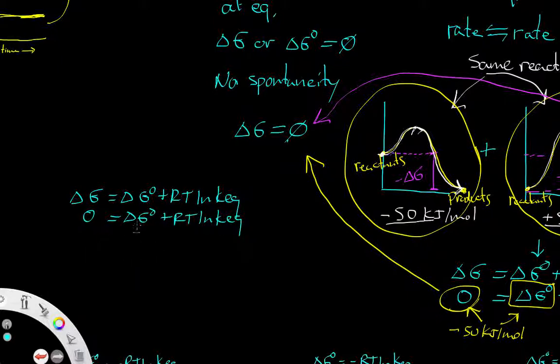Now, if we just manipulate this algebraically, and all I really did was I took this positive RT ln KEQ and moved it to the other side of the equation, so there was no magic there. But basically, this is the equation that you're probably used to seeing, and this is the equation that you use often.